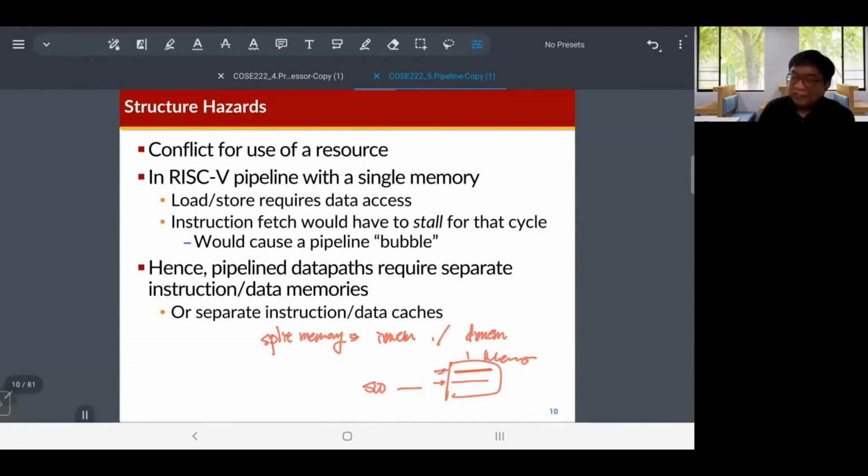To avoid structure hazard. Right, not to access the memory together.